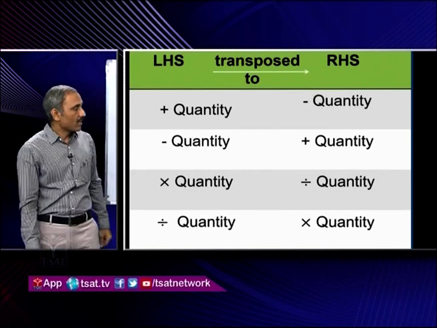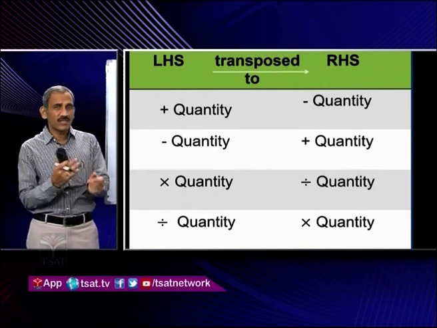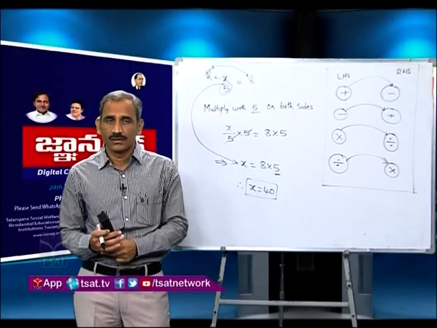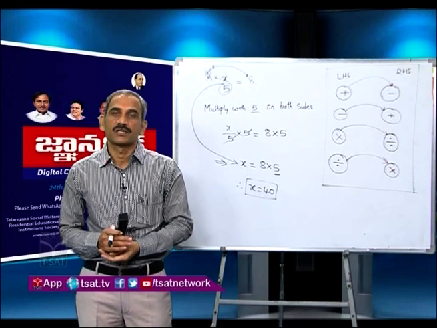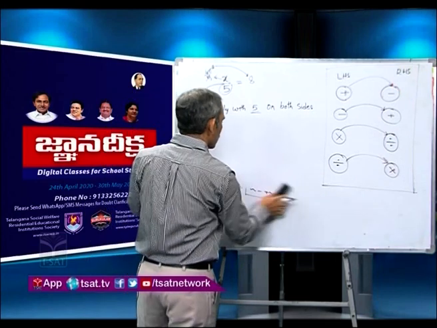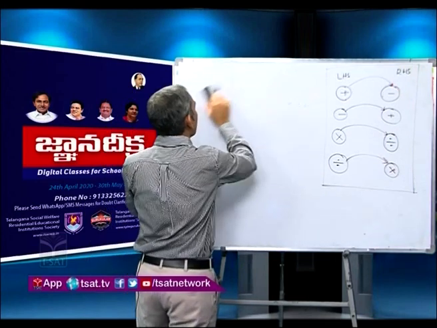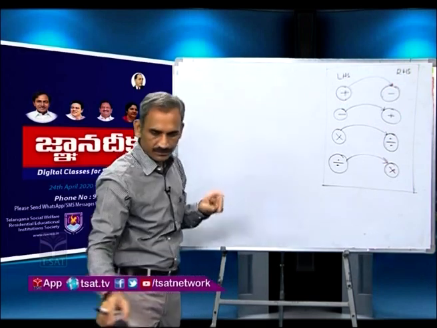Right. Now, in some problems you may not be left with the simple one operation. You may have two or more operations also. Right. In the first case, let us discuss the equation which contains more than one operation.